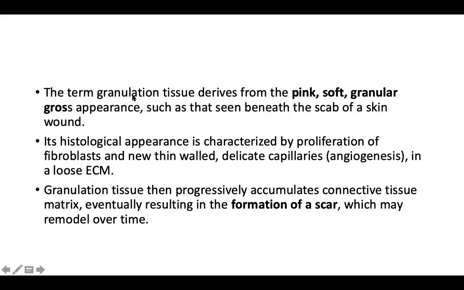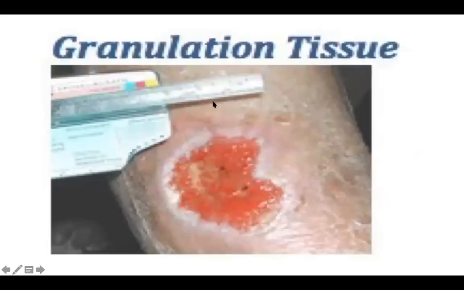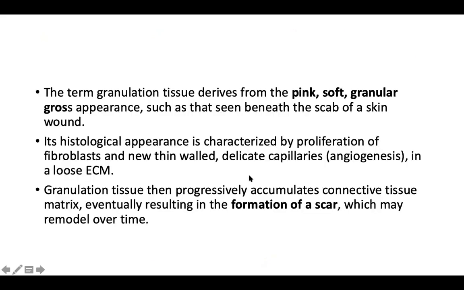So for you to know, granulation tissue will have a pink, soft, and granular gross appearance. An example is what is seen beneath a scab of a skin wound, like the one we are trying to show. This is an example of granulation tissue, pinkish in color, soft, and having a granular formation.